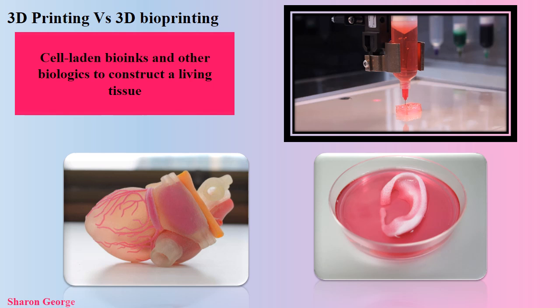Okay, next we will discuss the major steps in 3D bioprinting. A typical bioprinting process consists of three major steps: pre-processing, processing and post-processing.